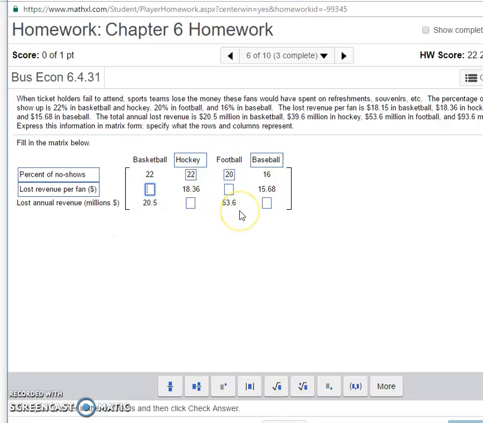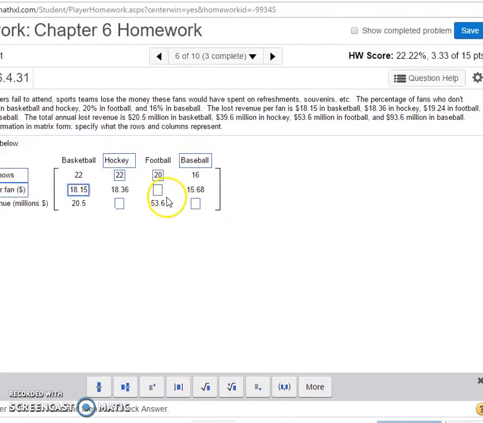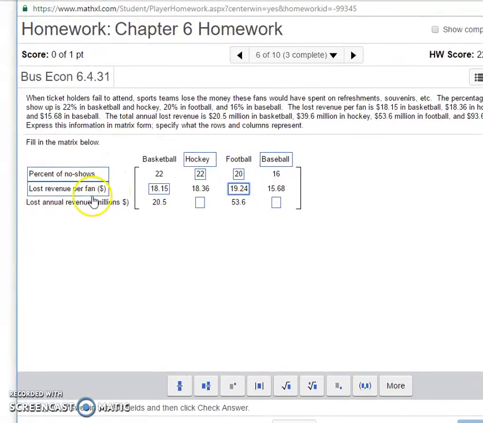So the lost revenue for basketball is 18.15, 18.36 is hockey, and then we have 19.24 for football, and then 15.68.